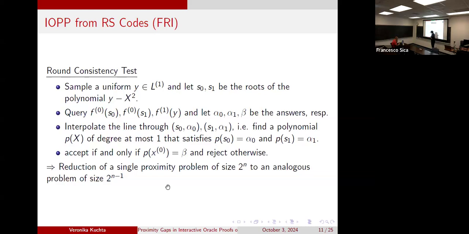So the verifier would accept if and only if P evaluated at the point is beta, otherwise the verifier rejects. So this kind of technique here allows us to reduce a single proximity problem of size 2 to the n to an analogous proximity problem of size 2 to the n minus 1. So if you repeat this procedure several times, you can see that we will be able to reduce the proximity problem up to the size of 2.